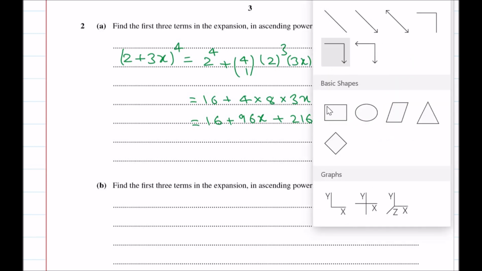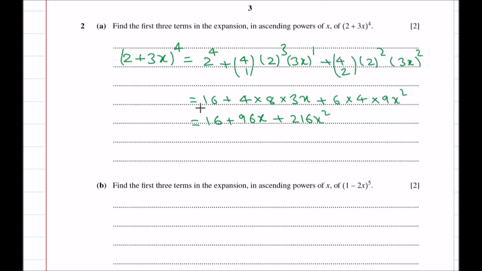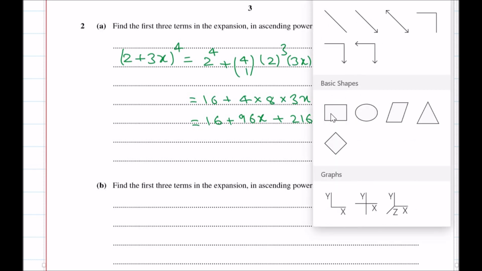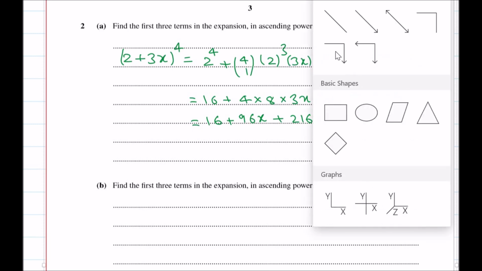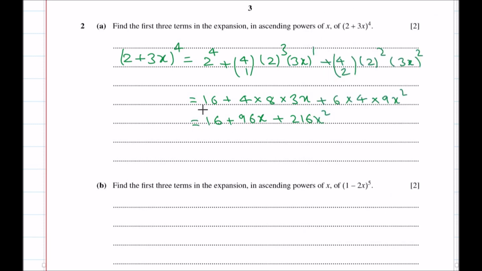I hope this is clear to you. Let me put it properly in the box. As I said, we should always highlight our answer, so that there will be no problem for the examiner to find the answer from your solution.